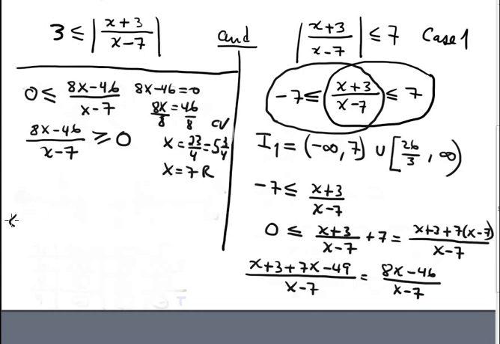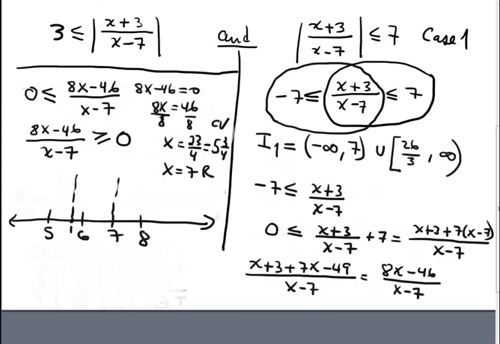So let's do it in the graph. Suppose 5 here, suppose 6, suppose 7, suppose 8. So we have 7 here, and 5 3/4 is approximately here.